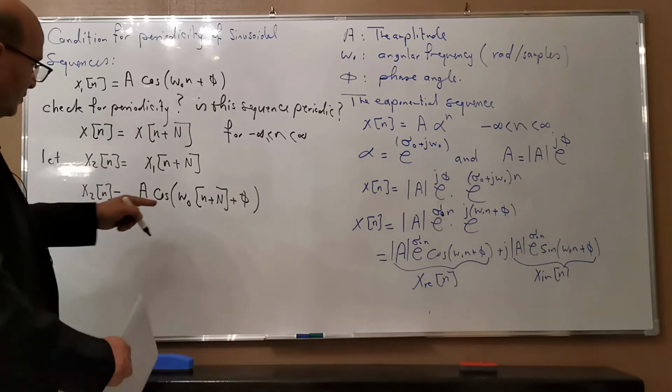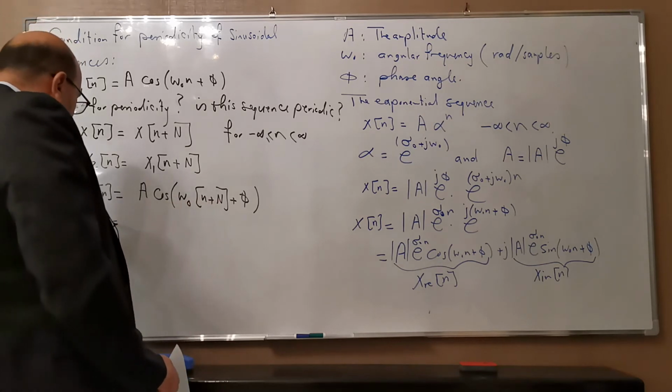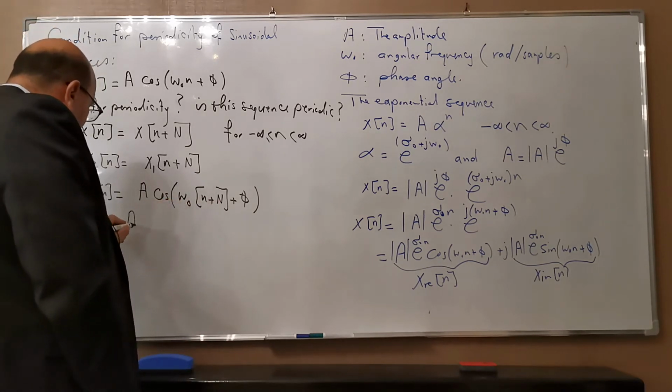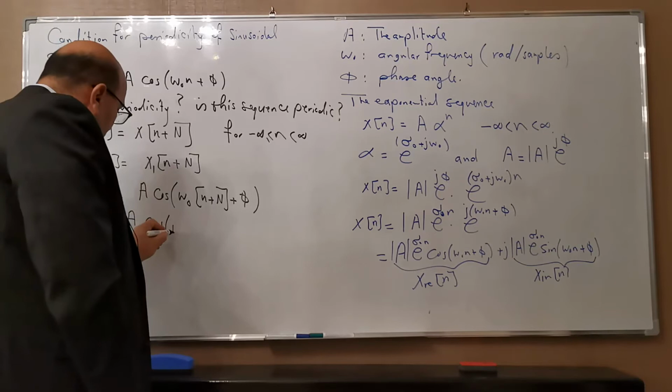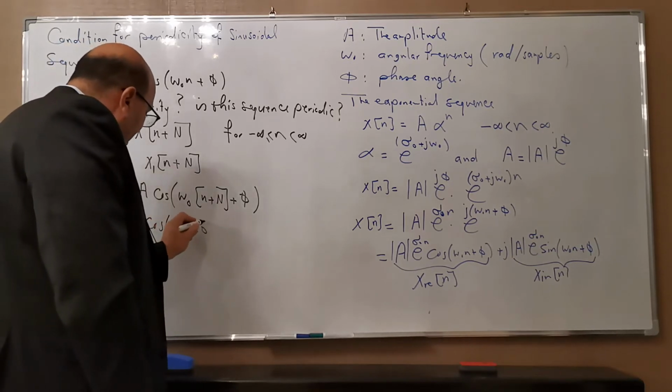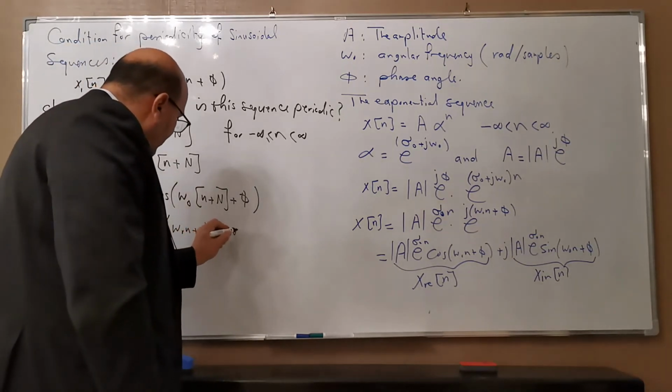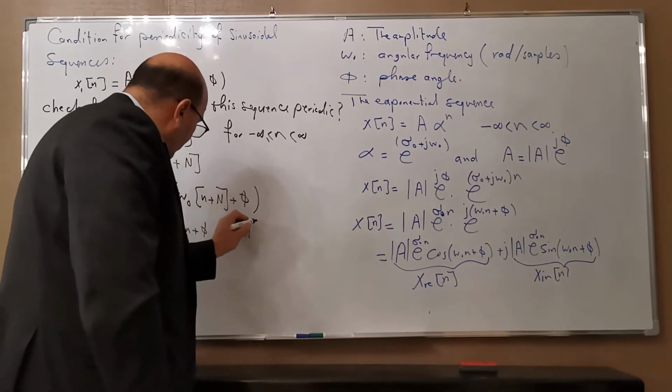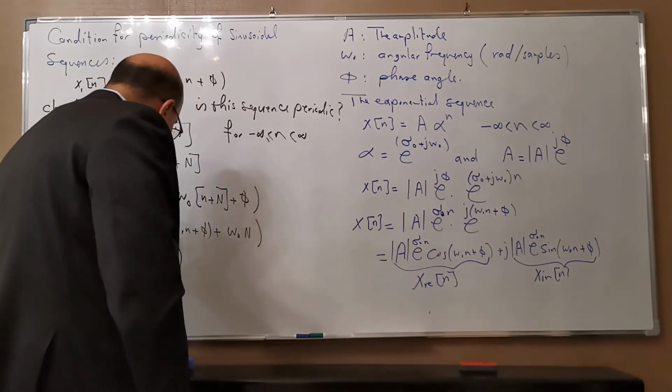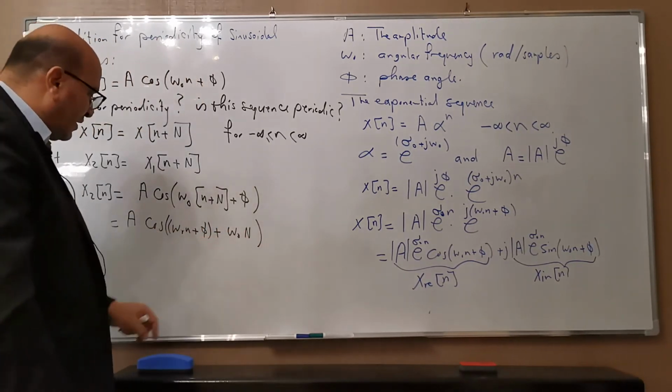Expand the argument inside. This is a cosine omega 0 n plus phi plus omega 0 capital N. We take omega 0 n plus phi as one angle and omega 0 capital N as another angle.